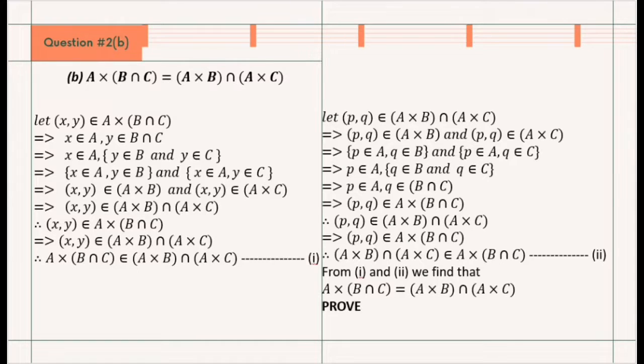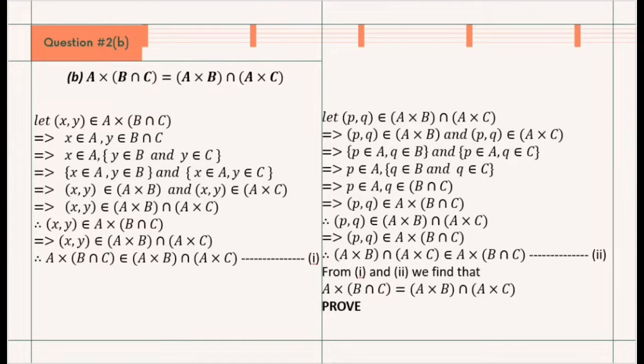So let ordered pair (x, y) belong to A cross (B intersect C), because we know the Cartesian product of two sets A and B is defined by ordered pairs (x, y), x belongs to A and y belongs to B. This implies that x belongs to A, y belongs to B intersect C by definition of Cartesian product.